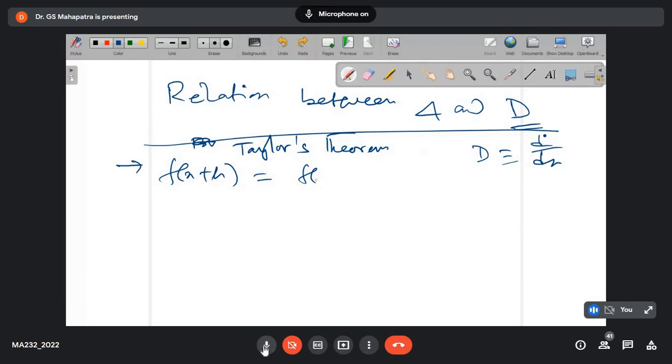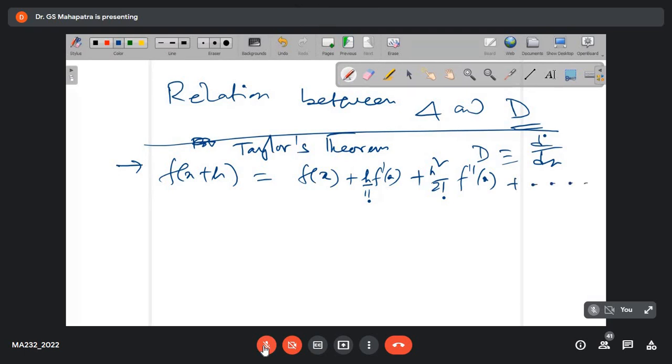Taylor series expansion, you know? I am helping you. F of x plus, yes, 1 factorial. Since you are telling, I will write. Correct now.